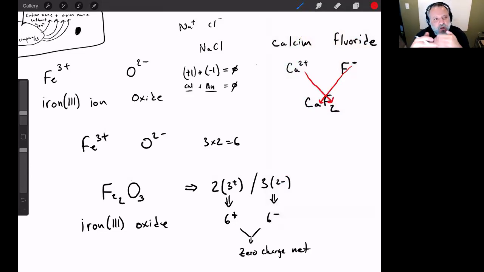Do you see how the charge on calcium becomes the subscript on fluoride for calcium fluoride? And vice versa. Do you see how the charge on fluoride becomes the subscript for calcium? We don't write the subscript 1, so it's understood to be there as 1. Let's see if that worked out for iron 3 oxide. Did the cross down work for that? Yeah.